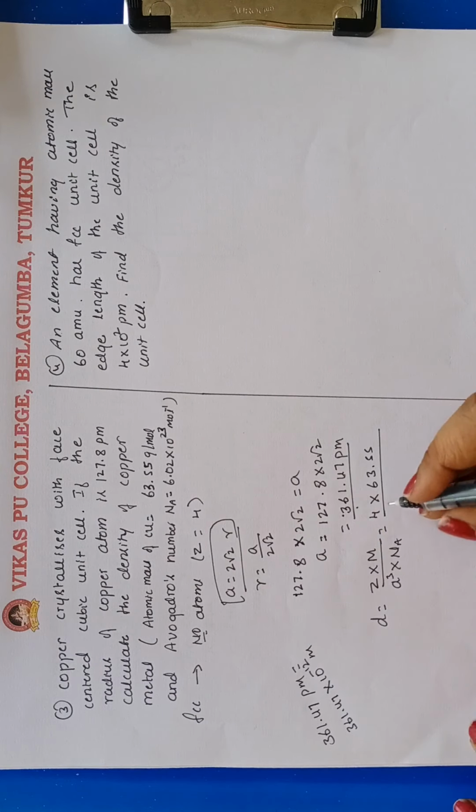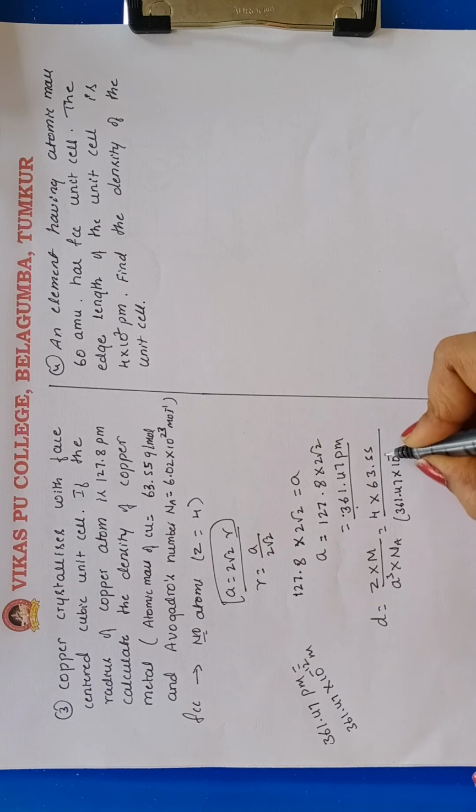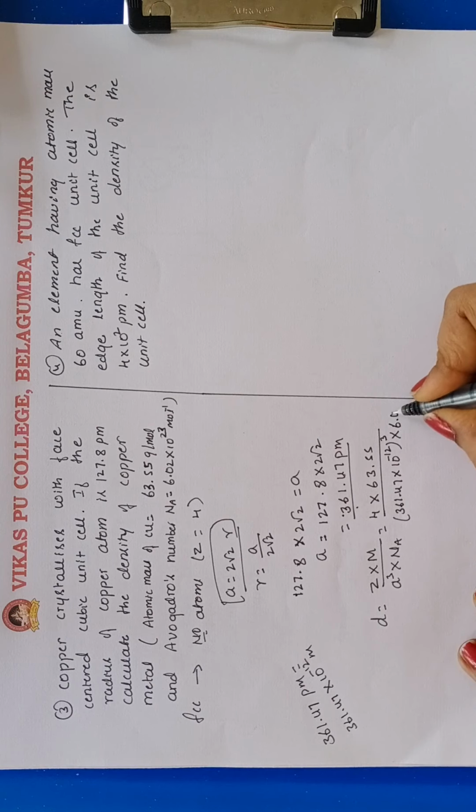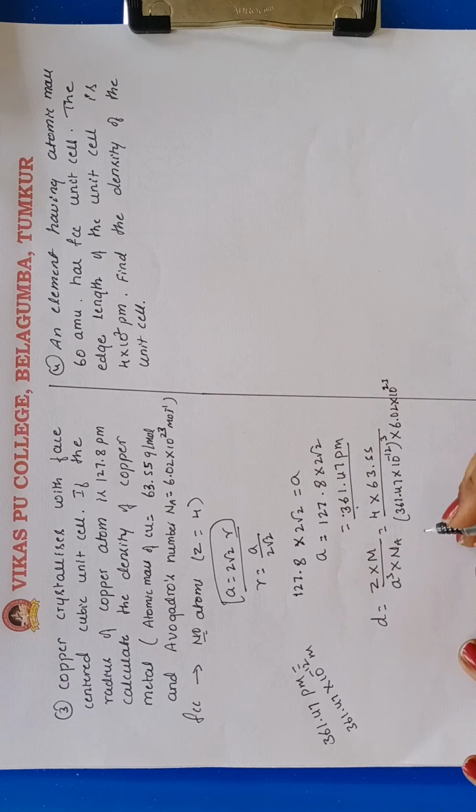When we convert that, we take 361.47 into 10 to the power of minus 12 whole cube into 6.02 into 10 to the power of 23 per mole.